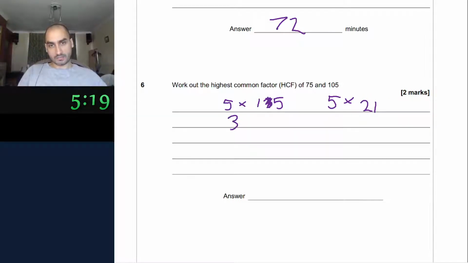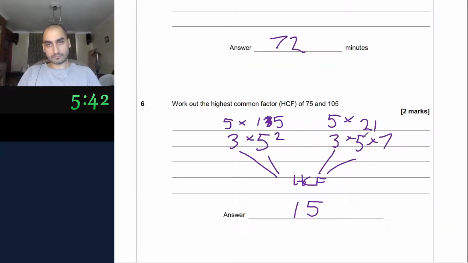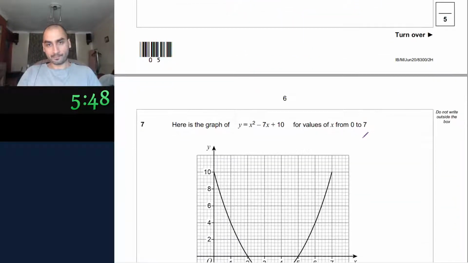So it's 3 times 5 squared, and this one is 3 times 5 times 7. So the highest common factor is 3 times 5. Yep.